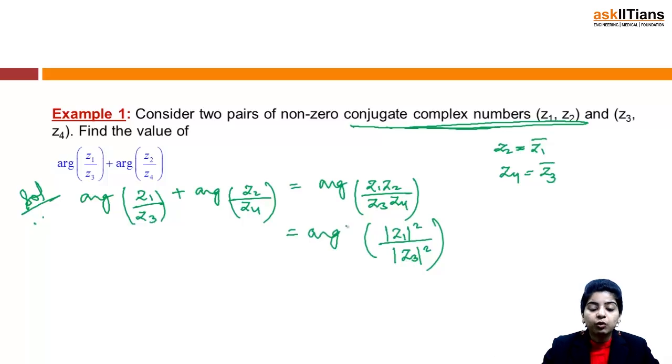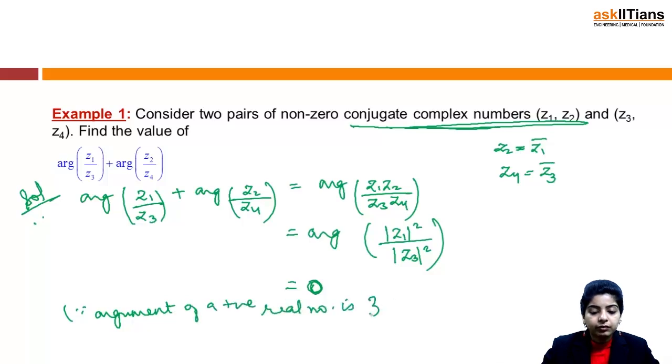So finally we are required to find the argument of modulus z1 square by modulus of z3 square, and this is equal to 0. How? Since the argument of a positive real number is 0.